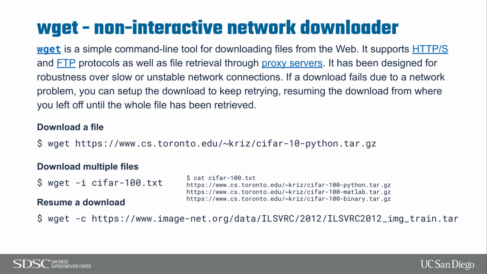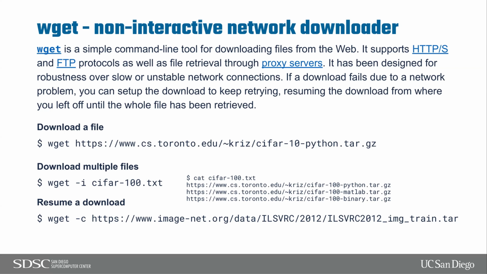So it's not the fastest thing in the world, but it's very robust, very reliable, and it has some nice features. Like if you want to create a list of URLs that you want to download, you can put those into a file, as I've shown here, and download multiple files. So if you just want to queue up a whole list of files that are stored somewhere, you can just throw those into a text file, set wget to download it, and it will start downloading those files.